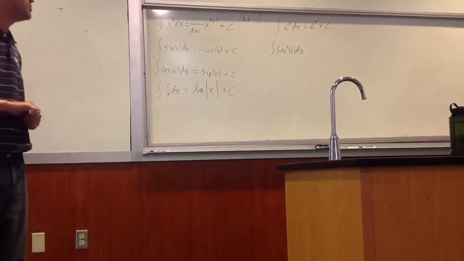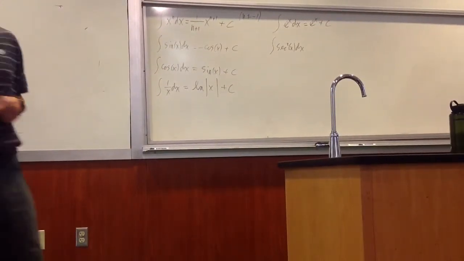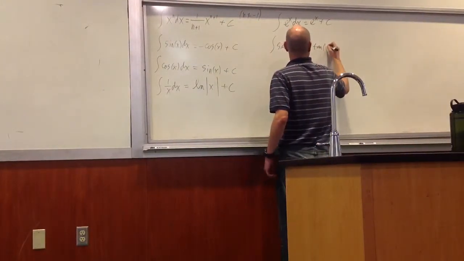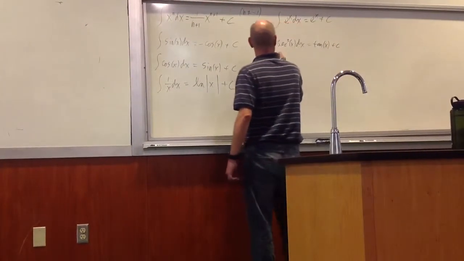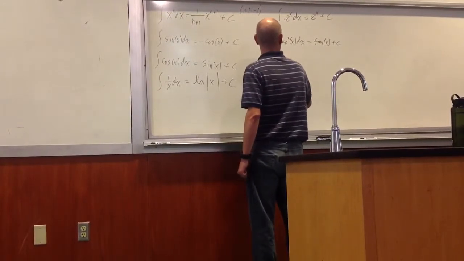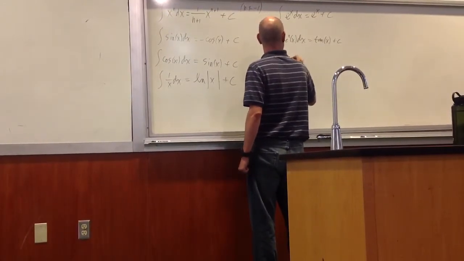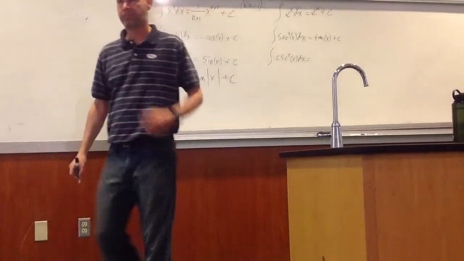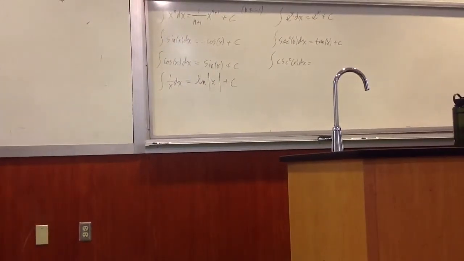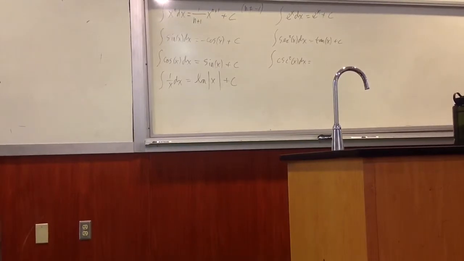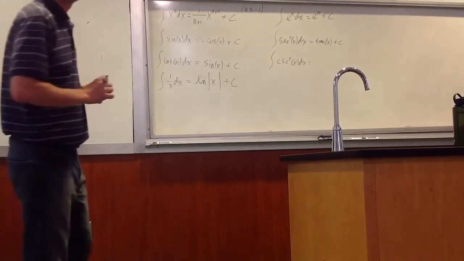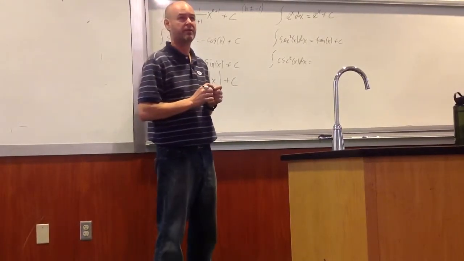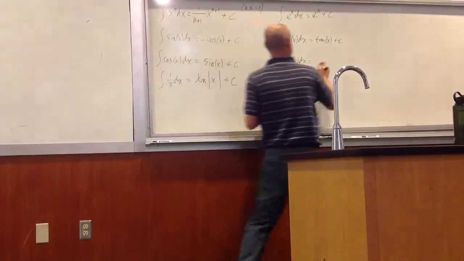What derivative gives you secant squared? Tangent. What are we going to get for that? Negative cotangent.